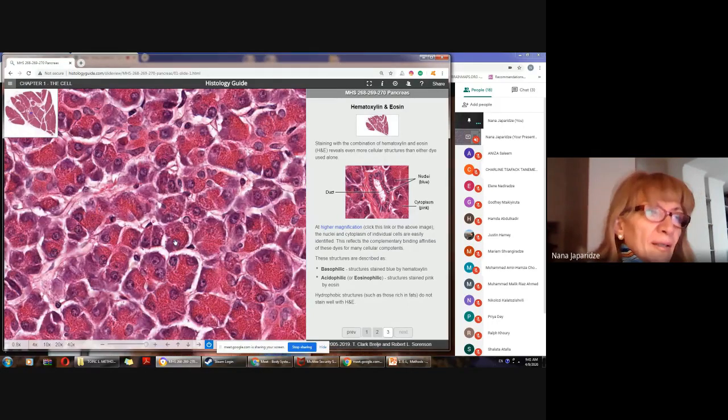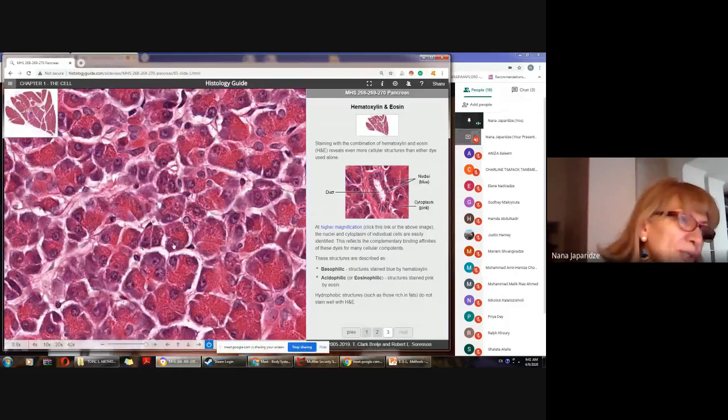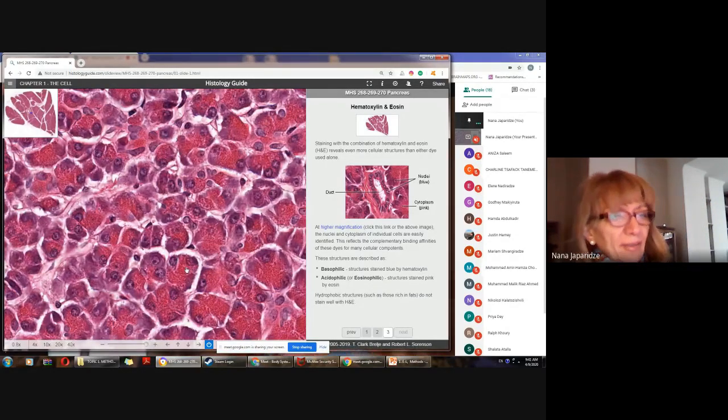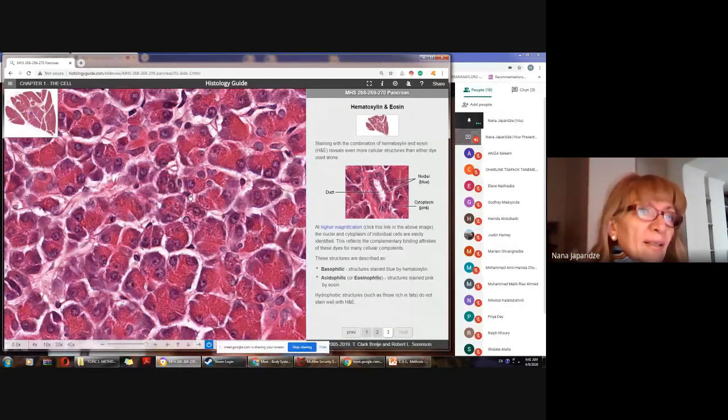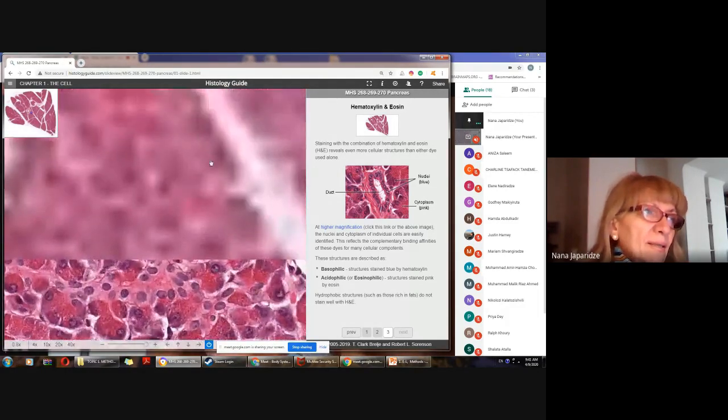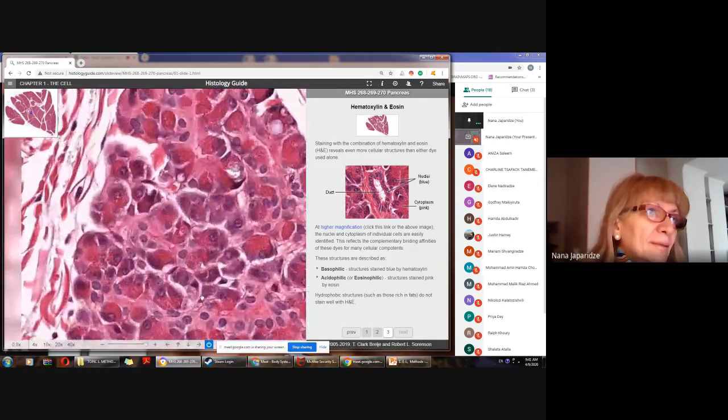Nucleolus, heterochromatin, euchromatin, granulation in the cytoplasm, everything is clearly visible. So this co-staining is a very effective tool to identify cells in the samples. Here you see another part of the tissue which contains a duct, lumen of the duct.